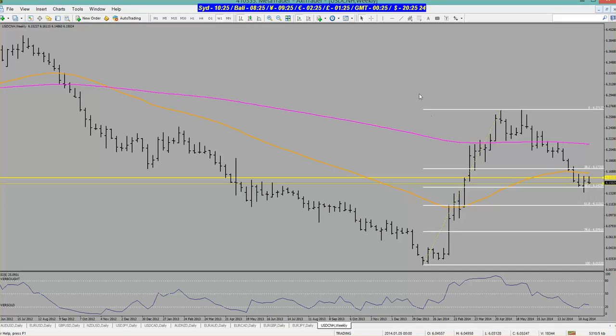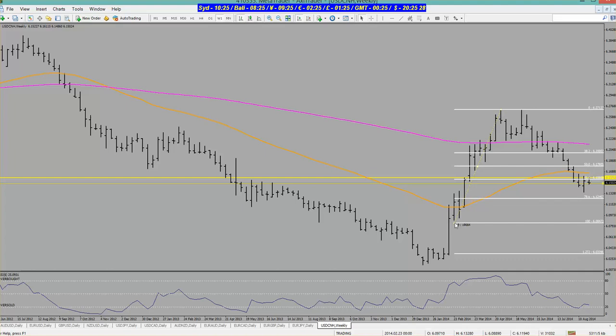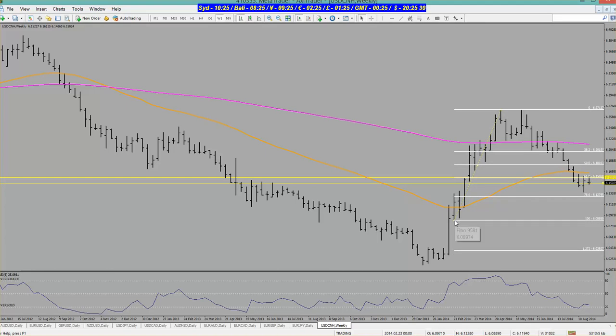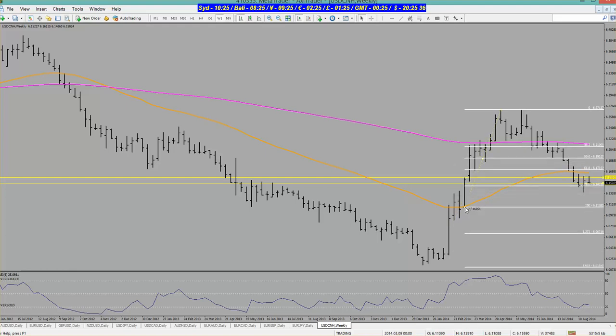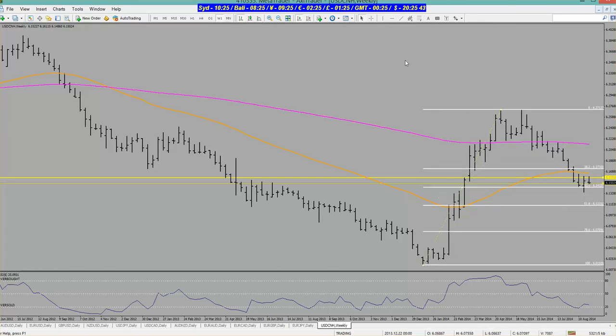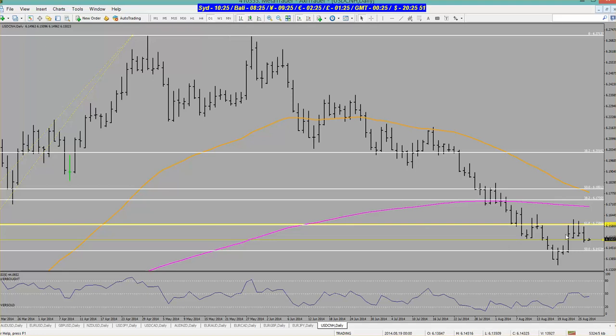Still no fib resistance. And if you look at it taking that level, that looks a bit better, doesn't it? First close above the 50. A bit of a zone.